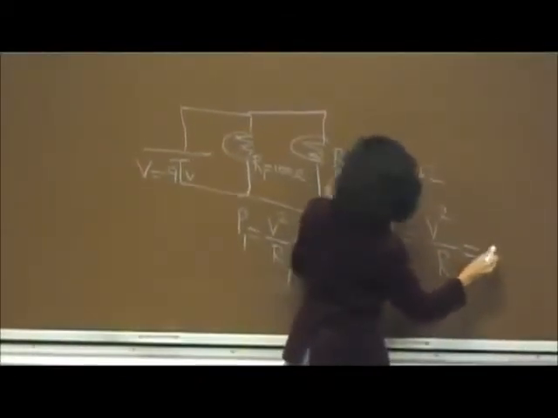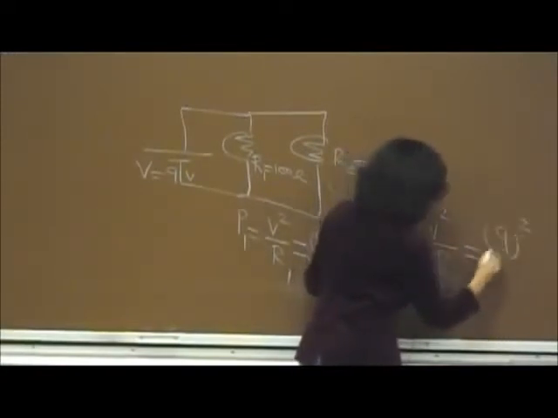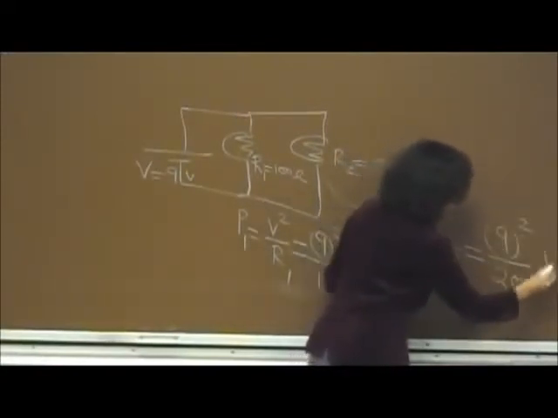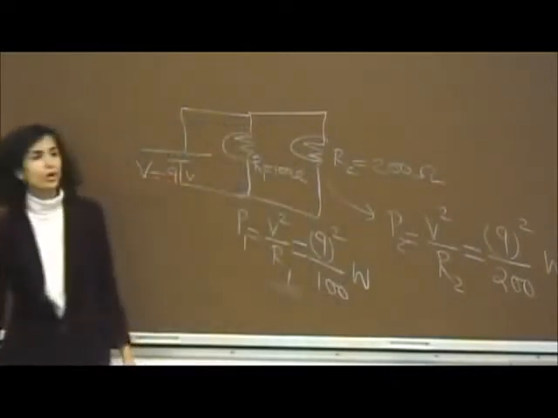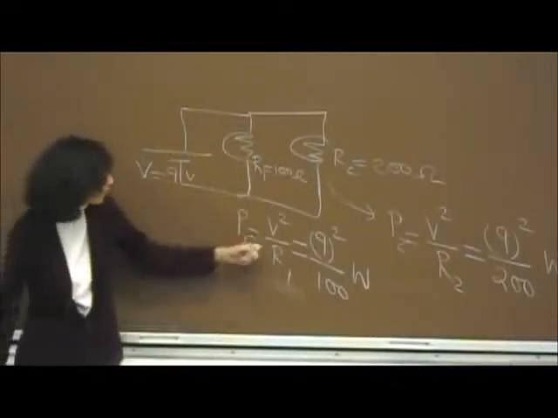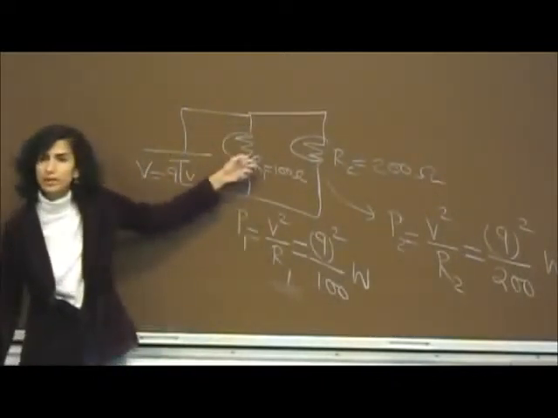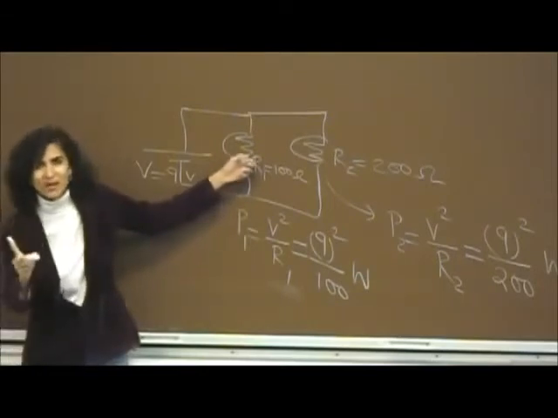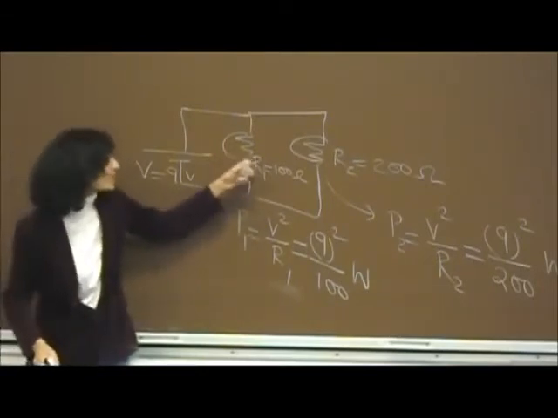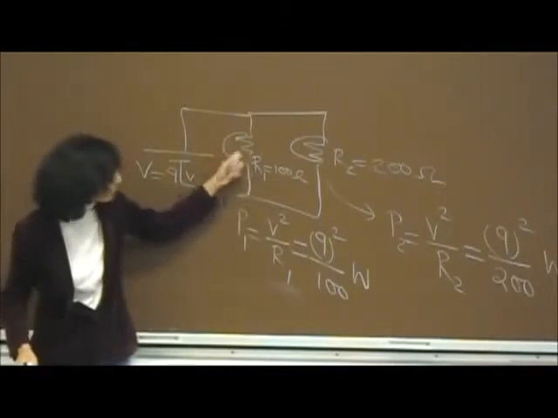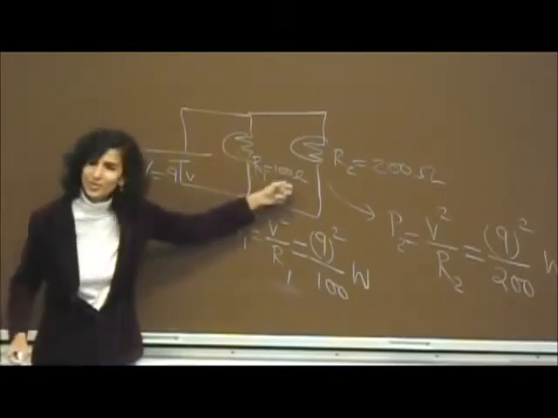Here this is going to be again 9 volts squared divided by 200, this many watts. Which one is more? Is the power dissipated more in the bulb which has the lower resistance of 100 ohms?